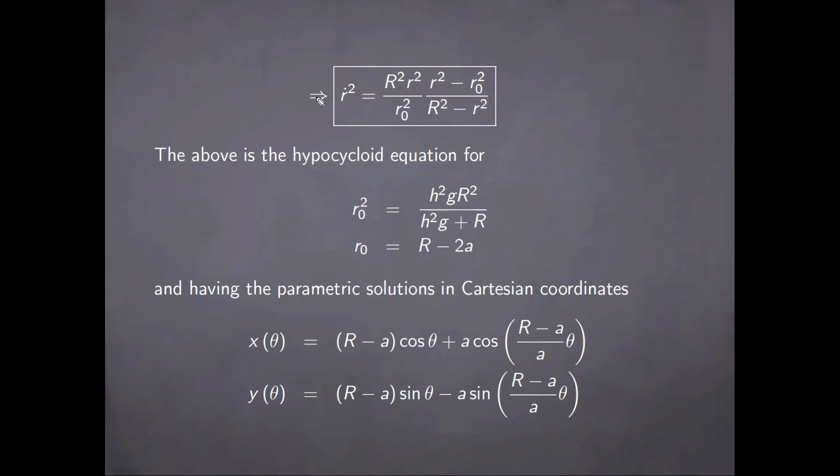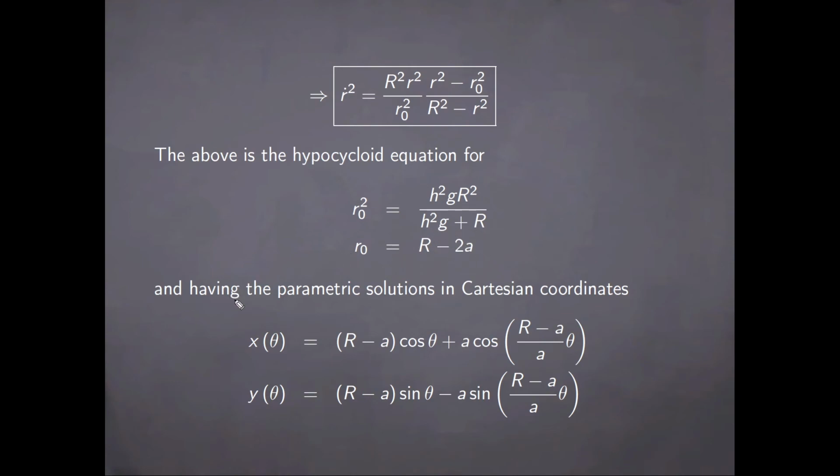Now, as it happens, this is quite specifically the hypocycloid equation for the parameter r0 squared given by the expression here, or equivalently r0 given by R, the radius of the large sphere, minus 2 times a, with 2 times a being the diameter of a circle of radius a moving inside the larger sphere.